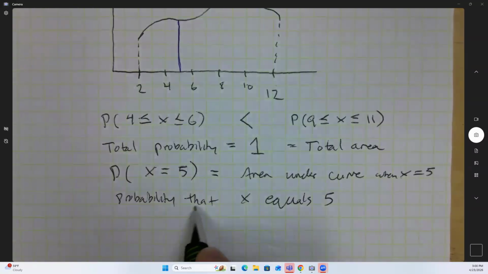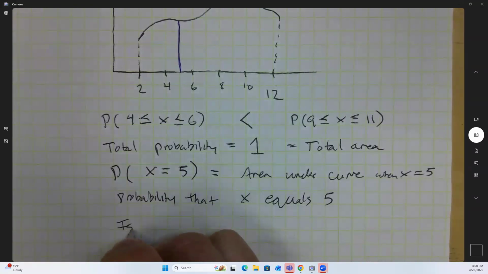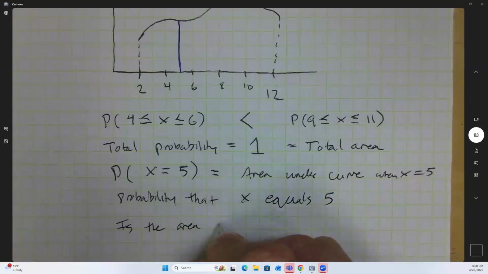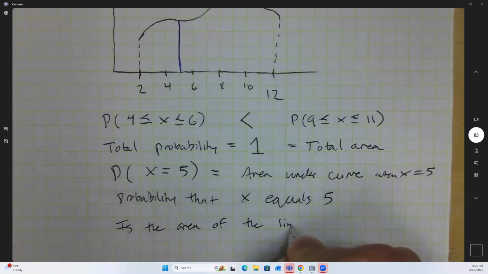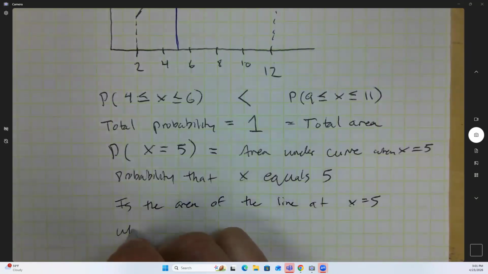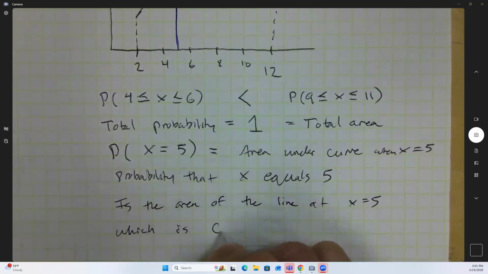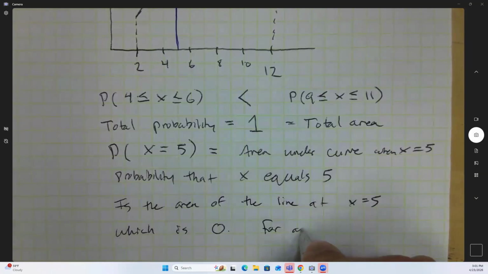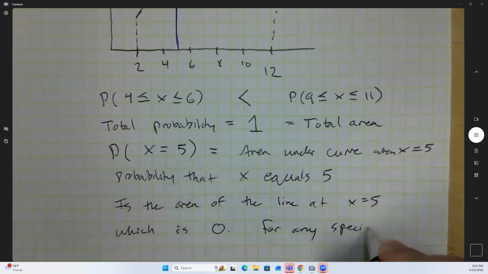So the probability that x equals 5 is the area of the line at x equals 5, which is 0 for any specific value, not just for x equals 5.